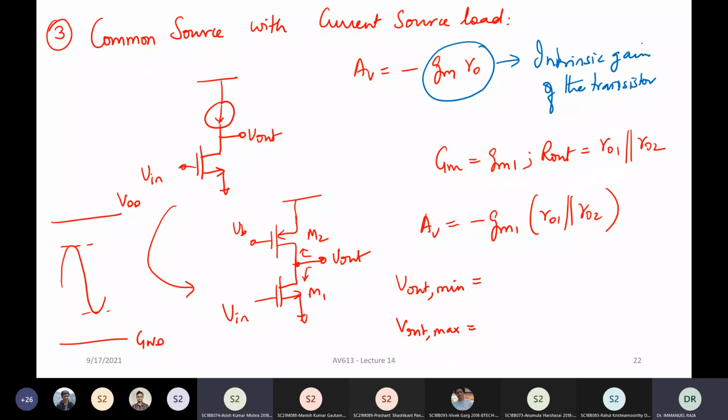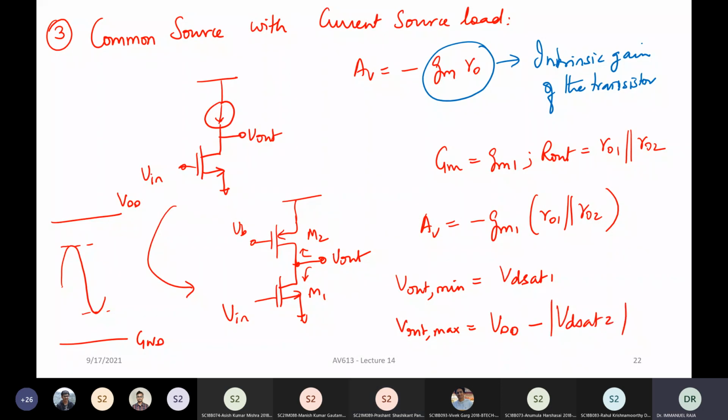VDsat1. Yeah, Vout min is VDsat. That is, you want your bottom transistor to be still in saturation. You don't want to push it out of saturation. Understood? Okay. Now, what is Vout max? VDD minus VDS2. You're almost there. VDD minus VDsat2, right?